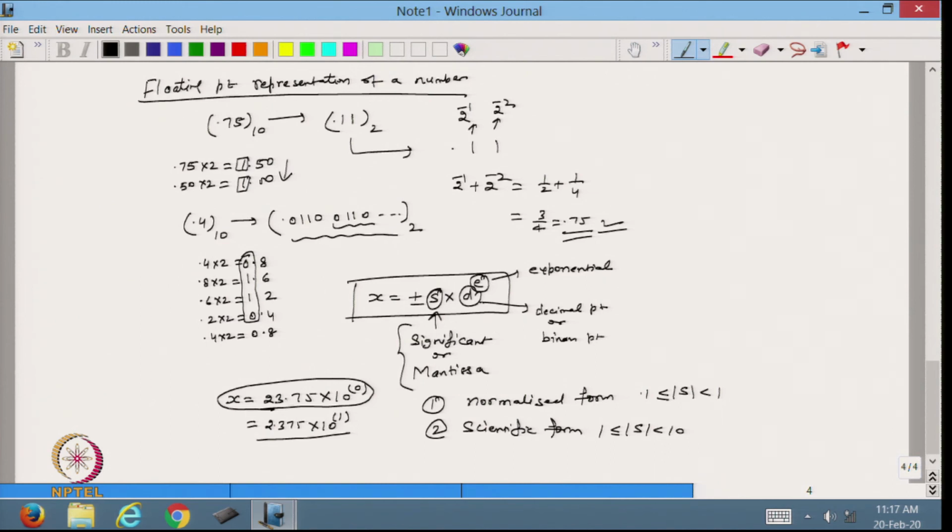But in the other case, the value of s is 2.375, lying between 1 and 10. So, this is a scientific form.